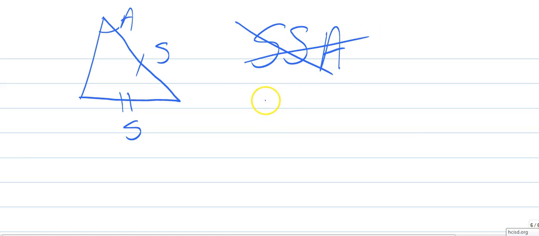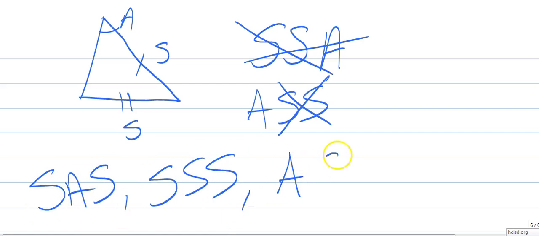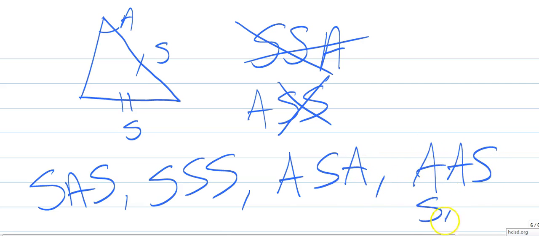And for those of you who know how to spell it backwards, it spells ASS. There is no ASS in geometry. That does not work as well. So if you see it on your paper, laugh about it, giggle. But it doesn't work. That is not a triangle congruence. We have side, angle, side. We have side, side, side. We have angle, side, angle. And we have angle, angle, side, or side, angle, angle. Those are the four that work for now until we get to the right triangle.